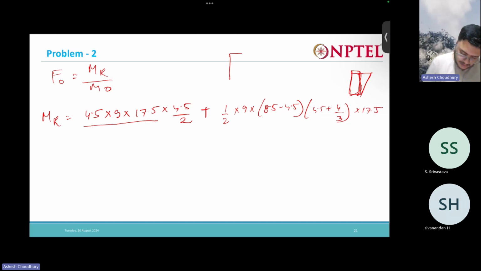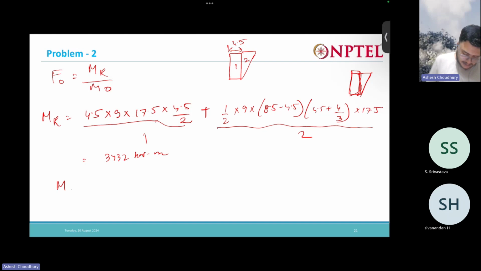So like this they have calculated. This is 4.5, this is 1, this is 2. So this is for 1, this is for 2. This will come out as 3432 kilonewton. And what is the overturning moment? PA times H by 3.